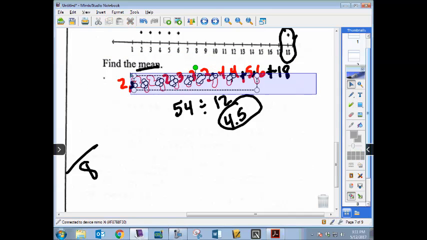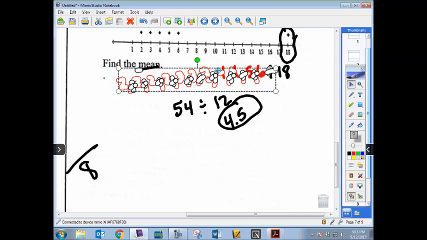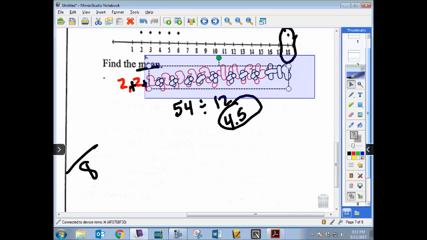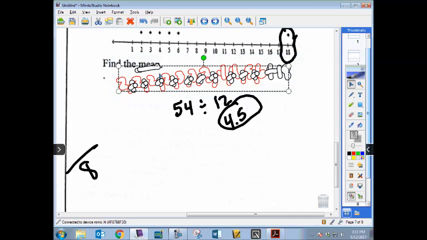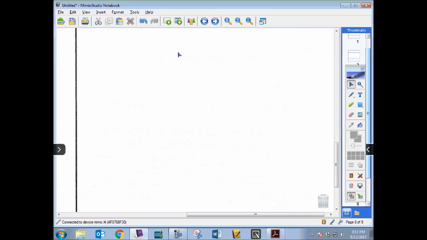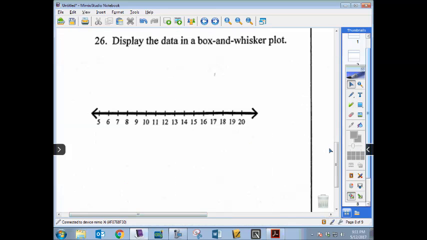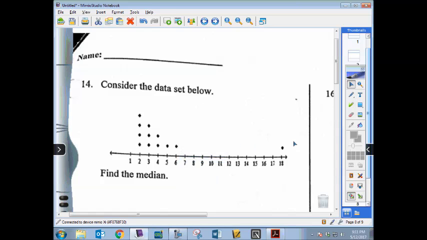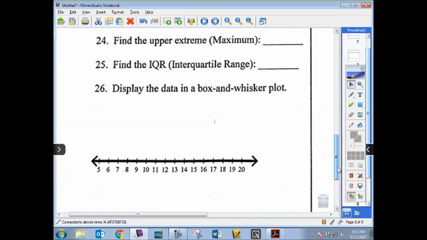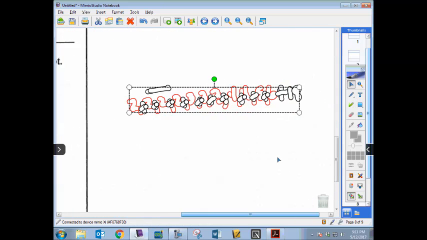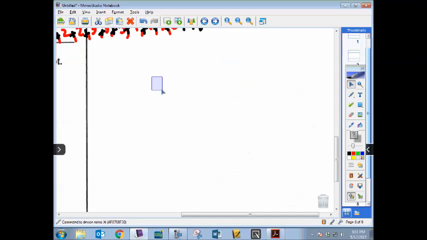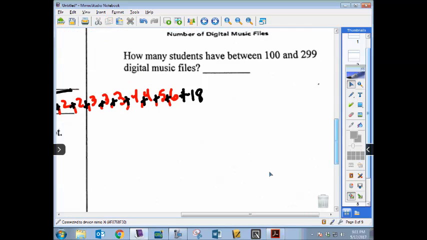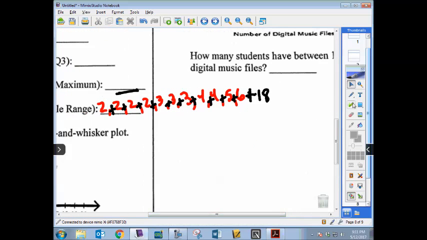Since we already did it once, why not just use it again? Oh, there it is. So now we'll just go ahead and do it right here, I guess.